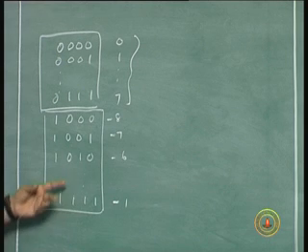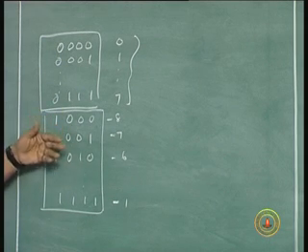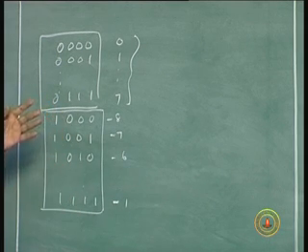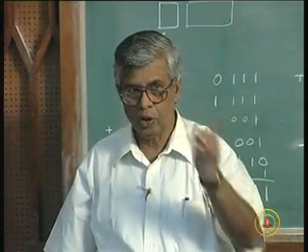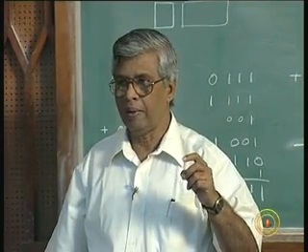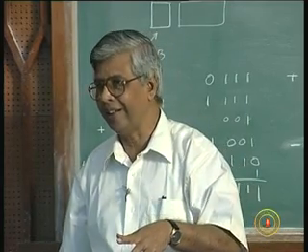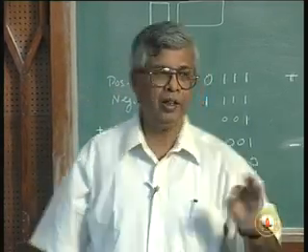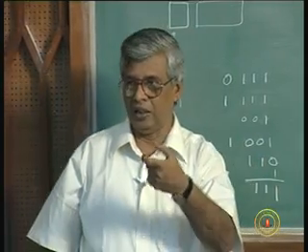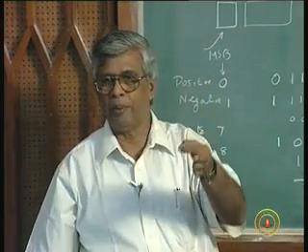So, the range of numbers with 4 bits is 0 to 7 positive, minus 1 to minus 8 negative. Now, in order to represent a number, I will have to tell you how many bits are there and give you the sign bit clearly.